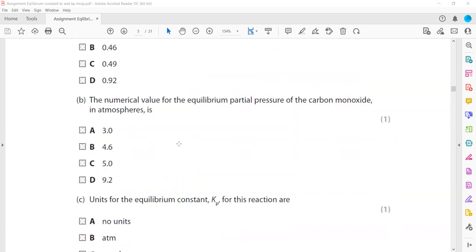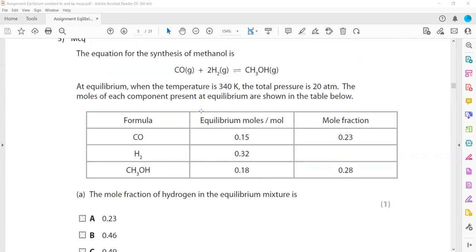The next is the numerical value of the partial pressure of carbon monoxide in atmosphere. If the total pressure is given, how do we get the partial pressure? It is the mole fraction multiplied by the total pressure. To find it for carbon monoxide, the moles of carbon monoxide divided by the sum of the moles, which is 0.65, is called the mole fraction, multiplied by the total pressure.